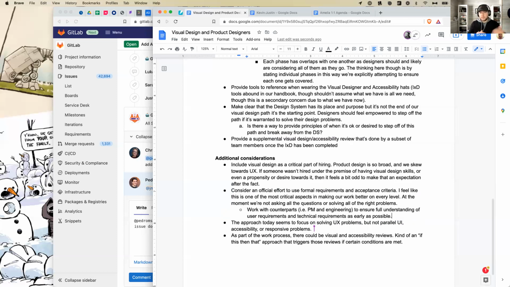By having that at the same time, it creates better information to design from.